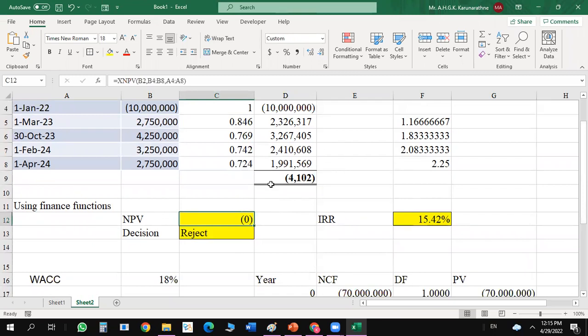There's a slight difference, but the NPV function has become zero. These are manual calculations. Based on the XNPV formula, XNPV has become zero. That means this 15.42 is the internal rate of return, right?